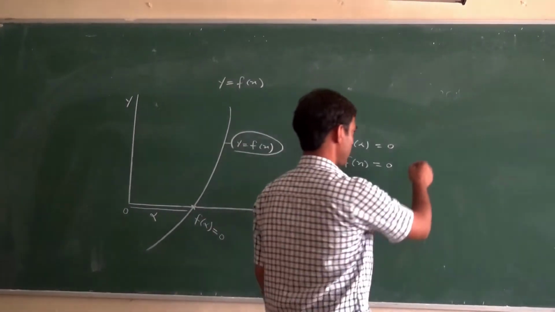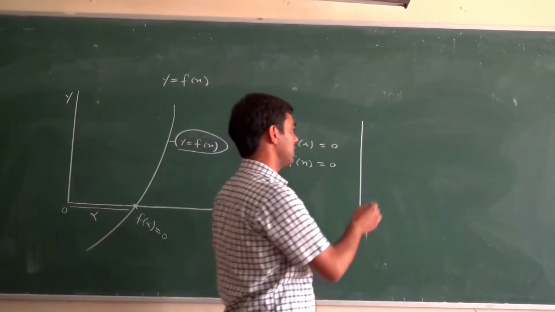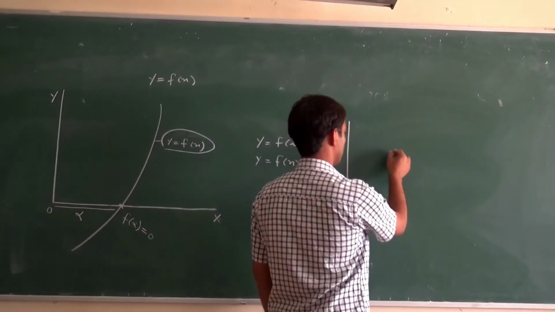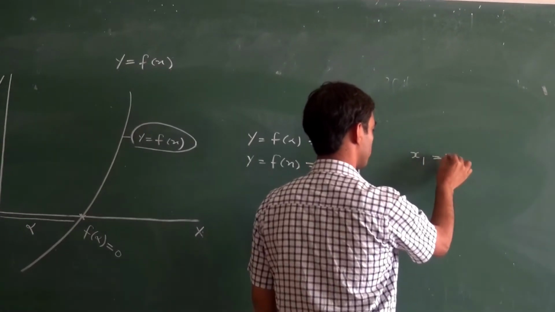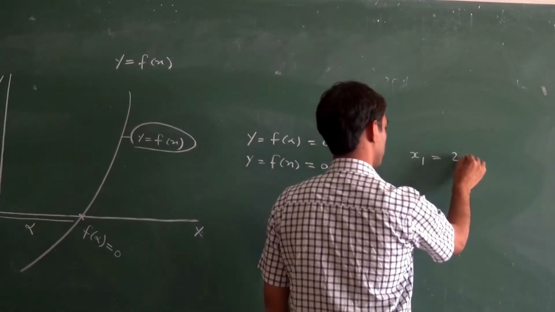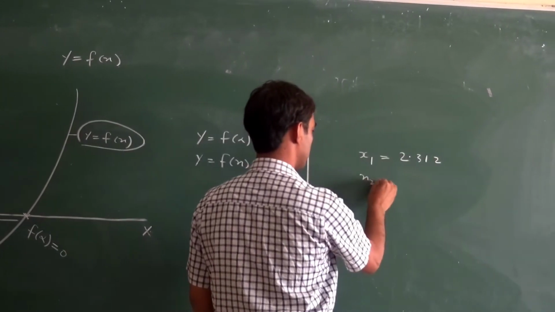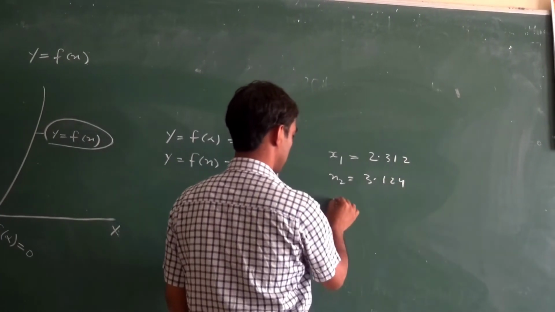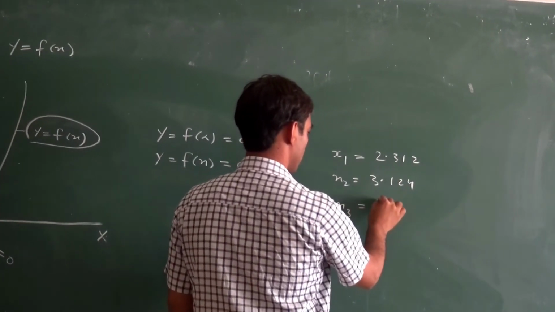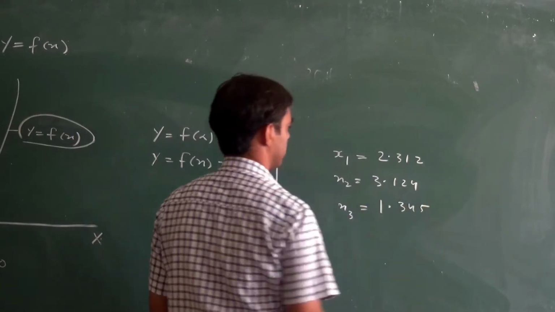So, suppose there is a very simple equation. Suppose the roots of an equation are x1 equal to 2.312, x2 equal to 3.124 and x3 equal to 1.345, like this.